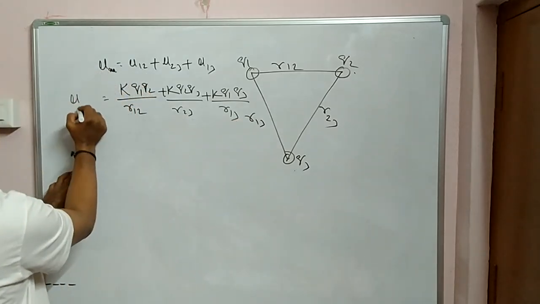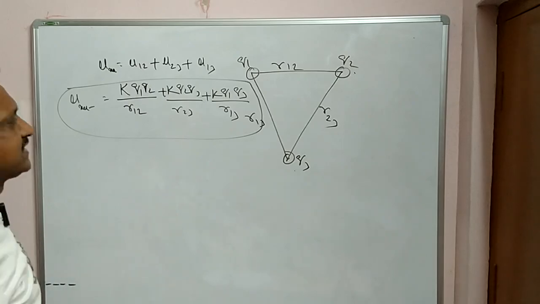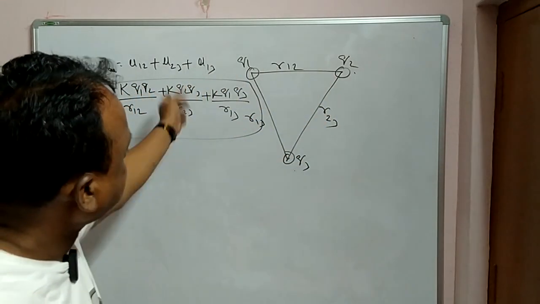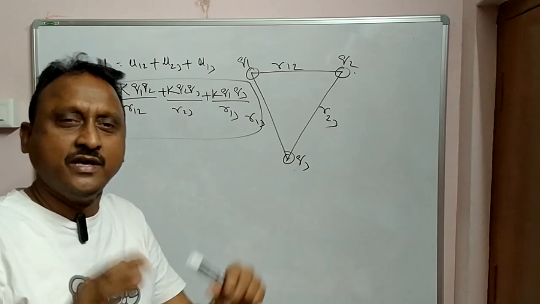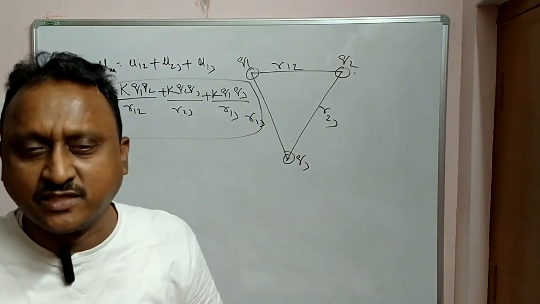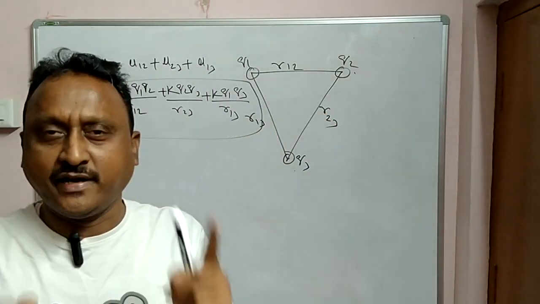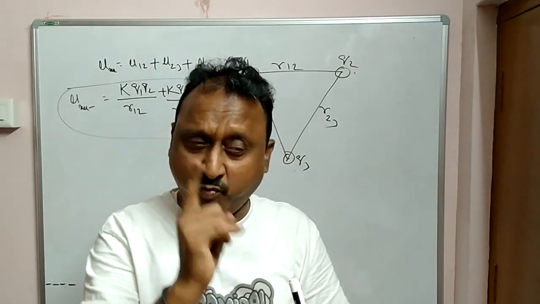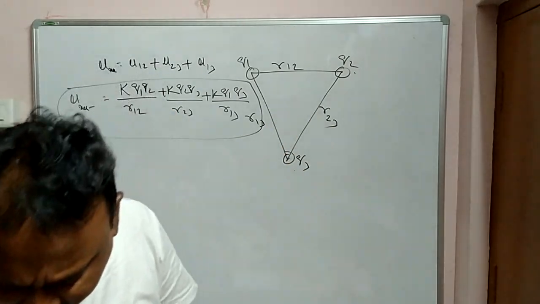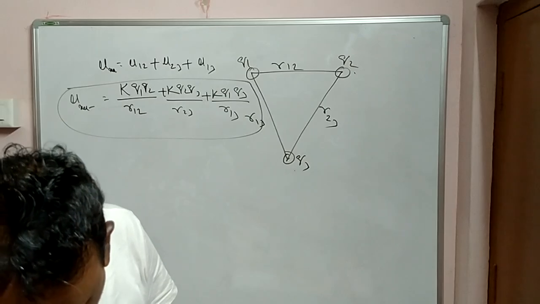This is the U net, the total electrostatic potential energy due to the system of charges with proper sign. If minus is there, you have to use minus. I told you, only in the case of kinetic energy is it positive, and intensity is positive, and for force of attraction, repulsion, you are not taking signs. But in the case of potential and potential energy, sign convention is very, very important, please. Okay, so this is how U net is calculated.